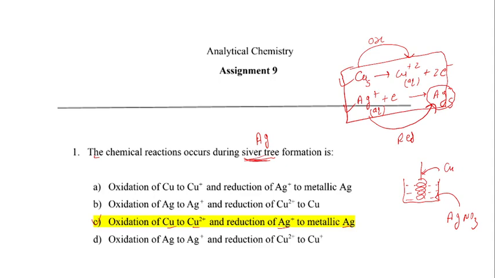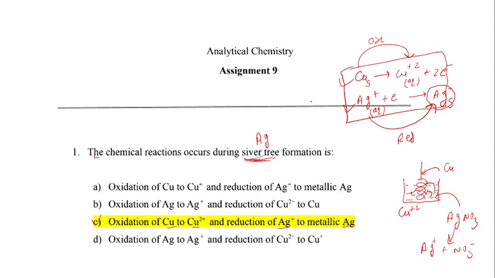Because this is solid copper, the copper will dissolve in the solution and make Cu2+ ions, whereas AgNO3 will dissociate into Ag+ and nitrate ions. This Ag will be deposited on the surface of the copper, so it will form a silver tree.